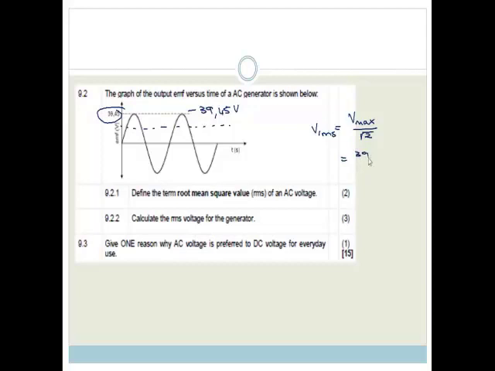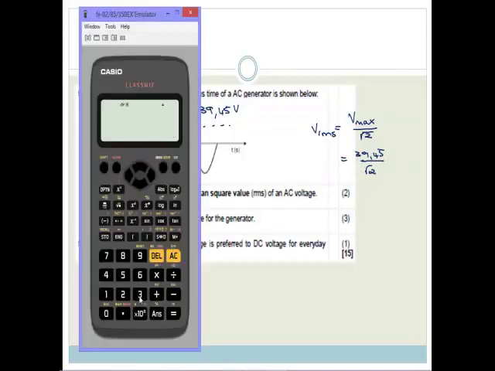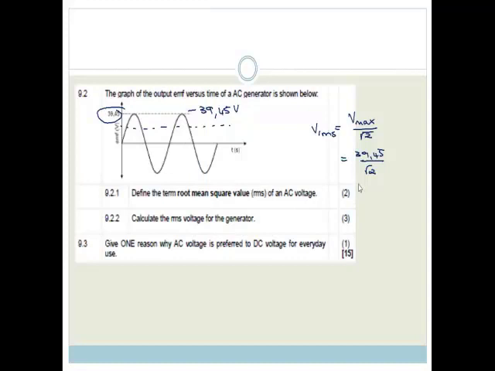So we're going to go 39.45 divided by root 2. So we're going to pop that in our calculator, and we're going to see it's 39.45 divided by square root 2 equals 27.895. So we round it up and it becomes 28. So that is equal to 28 volts. So that is the root mean square.